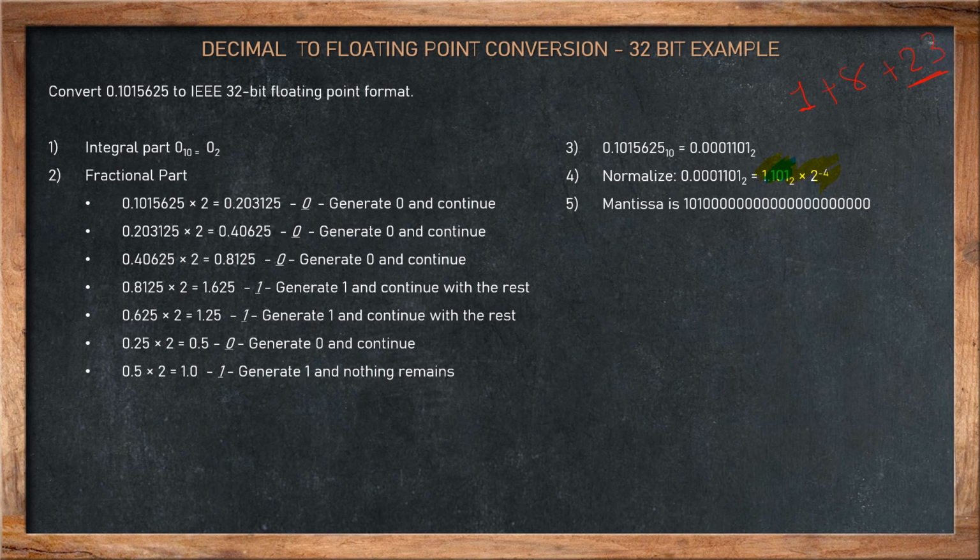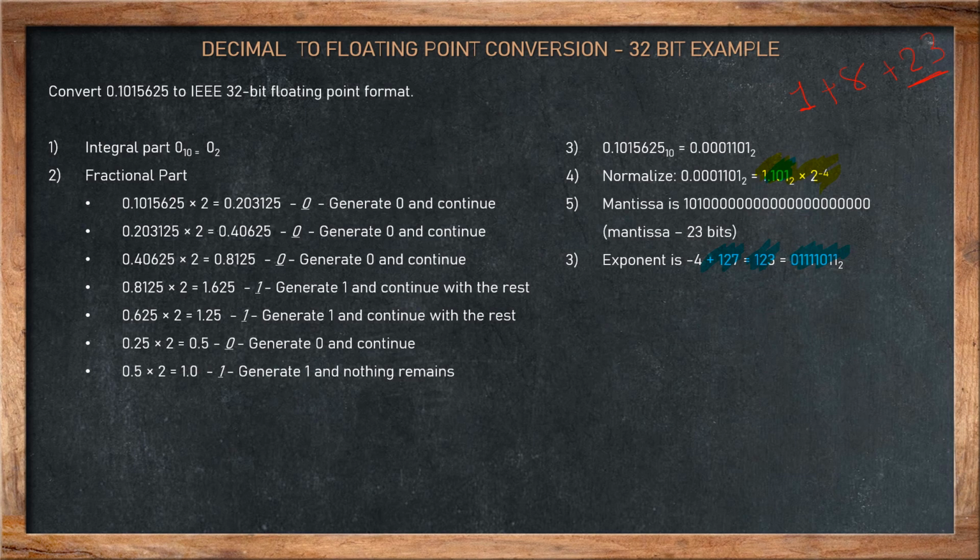So here we got the mantissa, and then the exponent. The exponent is minus 4, but we cannot store the exponent directly. So we add the bias, and 127 is the bias for 32-bit, so we got 123, and the binary for 123 is this.